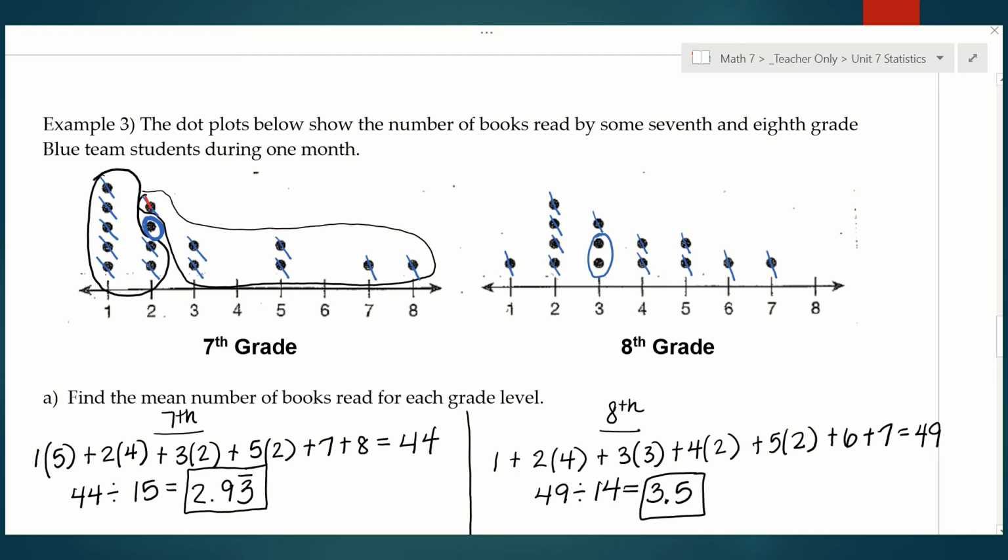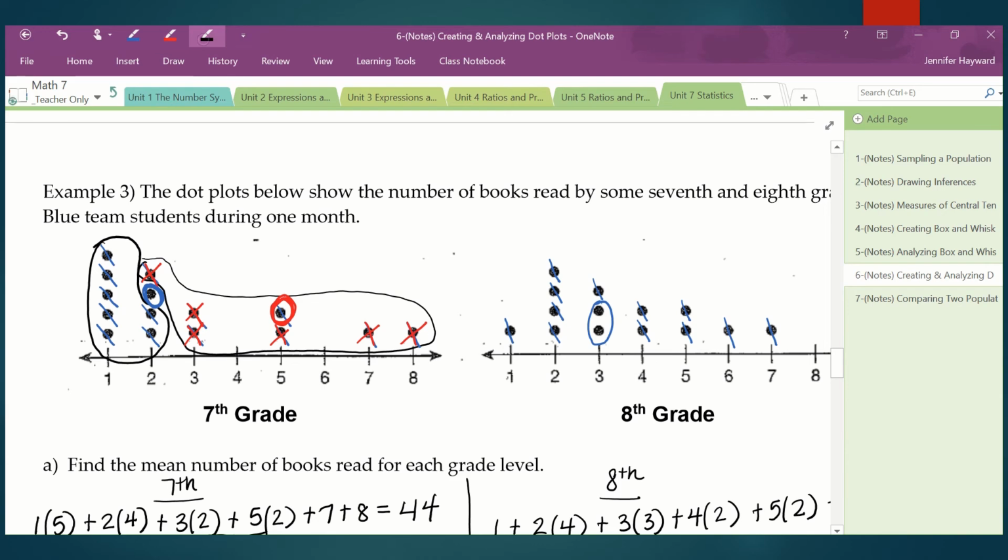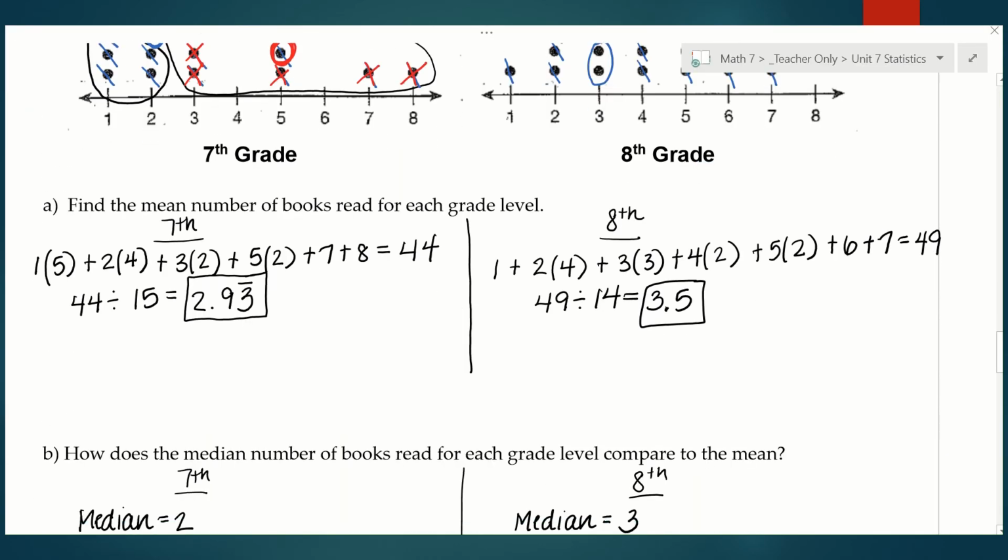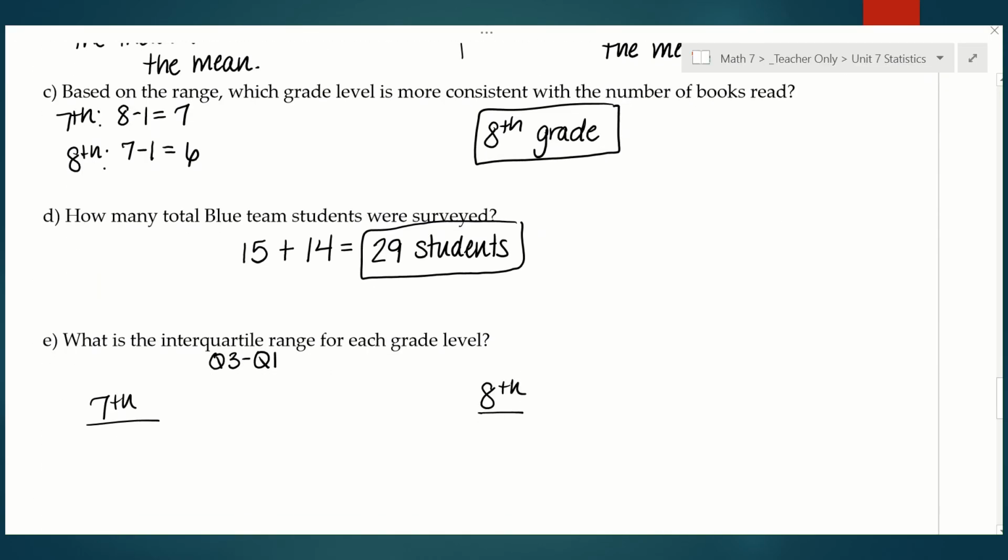So what I'm going to do is cross off that point with this one, with this one, and this one with this one. So I am getting that 5 is my third quartile. Okay, so down below here, I'm just going to record this. 5 is my third quartile.